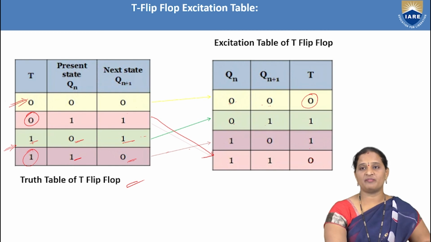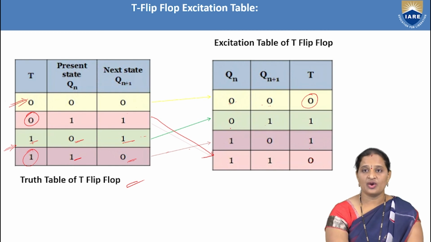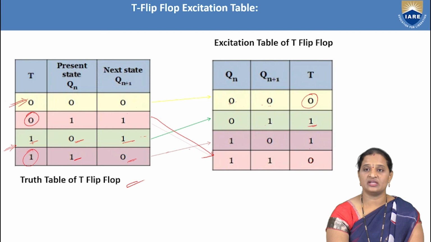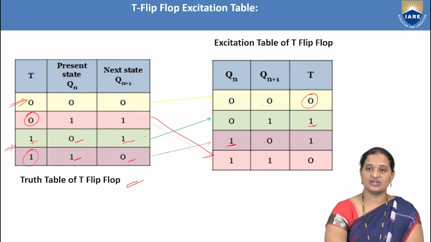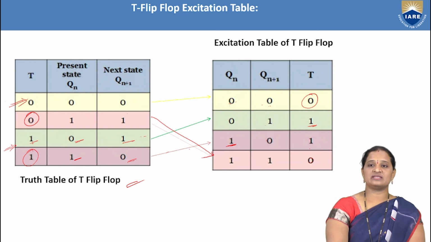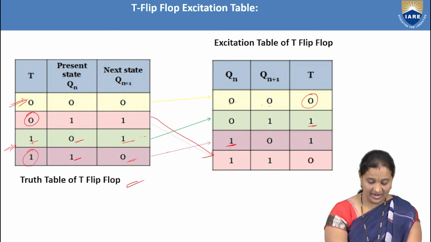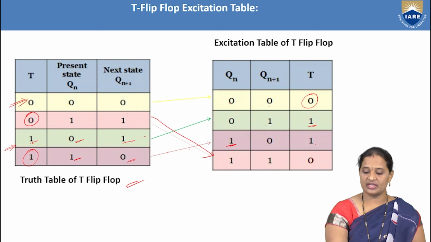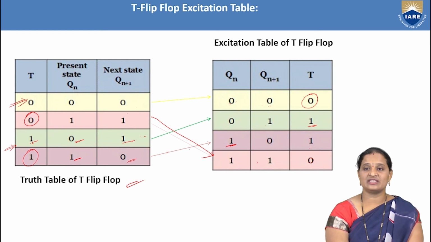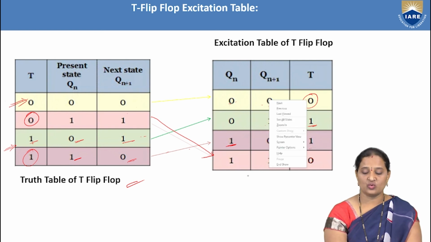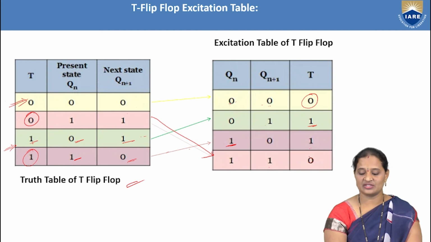So the complement of present state can happen when T is equal to 1. So that is why T is equal to 1. Now here the present state is 1, where the next state is 0, which is a complement of present state. This can happen when toggle input is 1. Next, present state 1, next state 1. There is no change and hence T should be considered as 0.